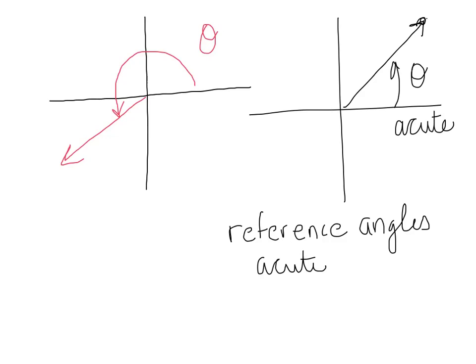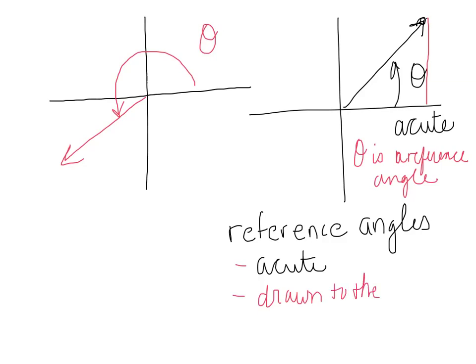For instance, this one right here in the first quadrant, theta is a reference angle in the first quadrant. The next rule is not only are they acute, but they are drawn to the x-axis, not the y. Always the x-axis. So from here to here is theta, also the reference angle theta prime in the first quadrant.